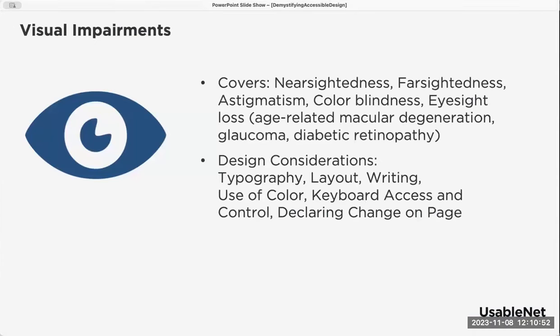A huge range of disabilities involve eyesight. Problems with eyesight aren't just related to the function of our eyes, but also how our brain perceives what we see through our eyes. And so all those conditions like nearsightedness, farsightedness, astigmatism, or colorblindness are actually very common in people of all ages.